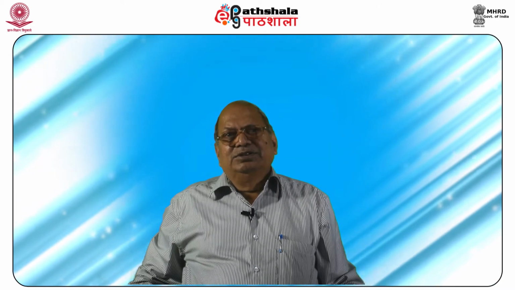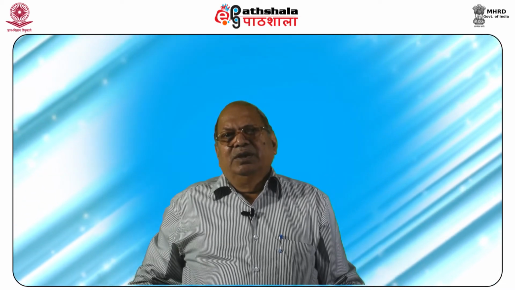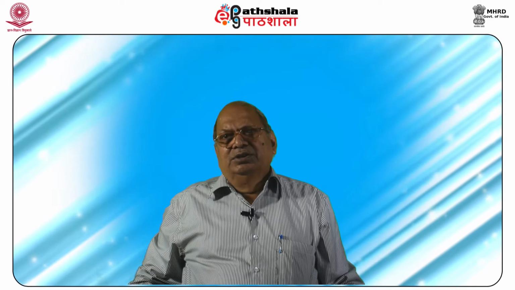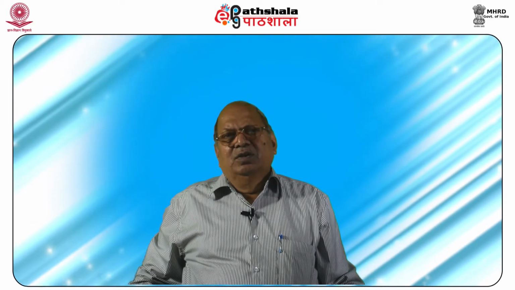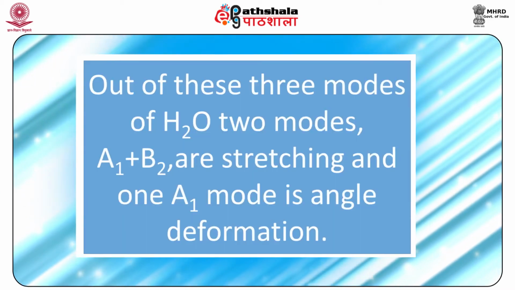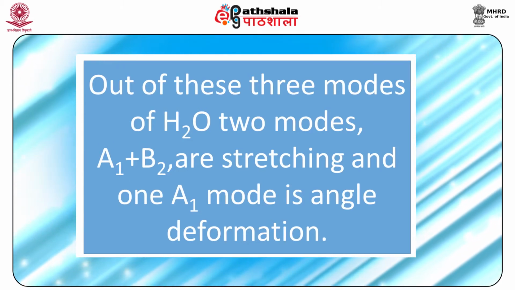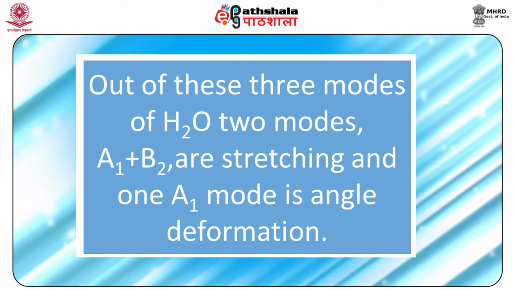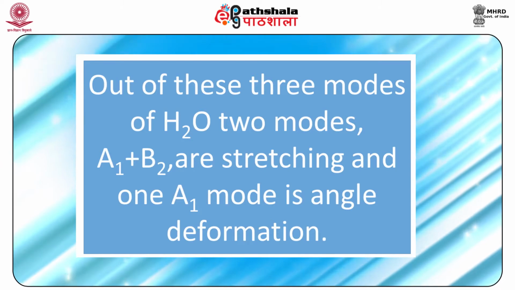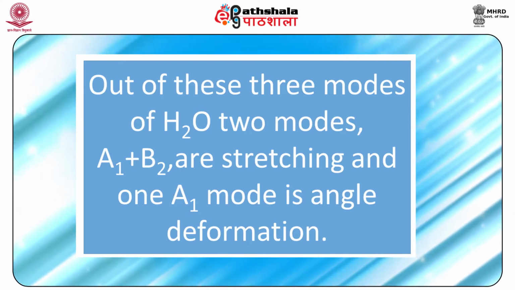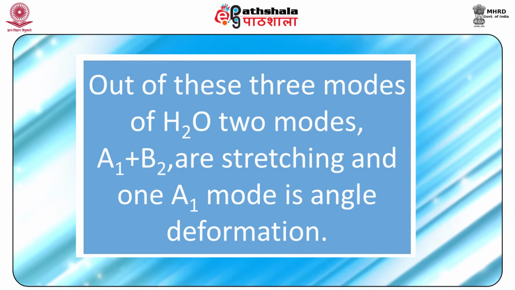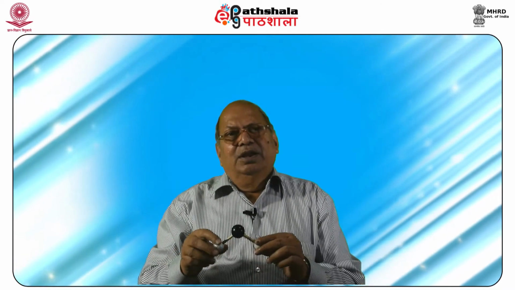The result is the same as we obtained earlier using tau 3n as the basis for representation. Out of these three modes of the water molecule, two modes, A1 and B2, we obtained by oxygen-hydrogen bond stretchings, and one A1 mode is the angle deformation.